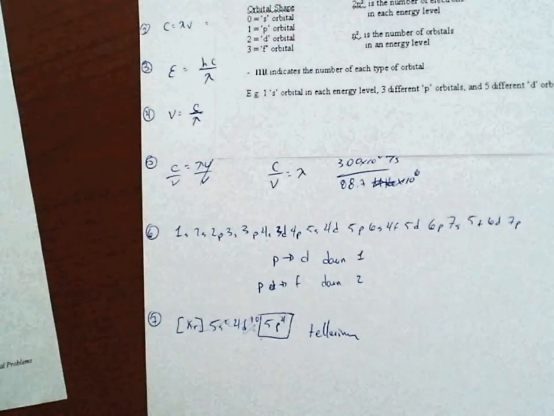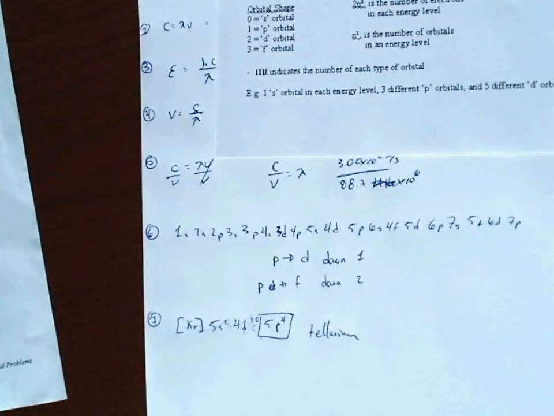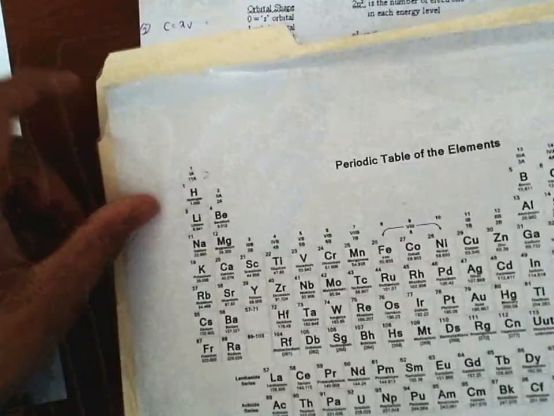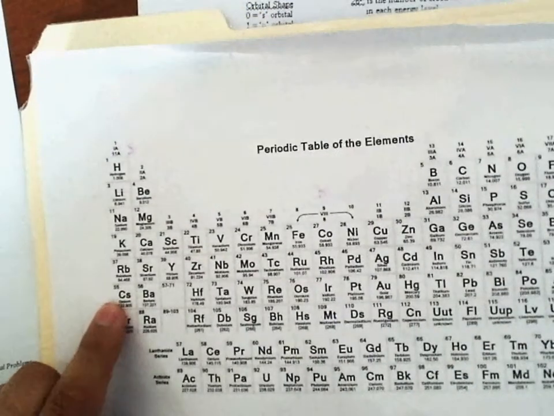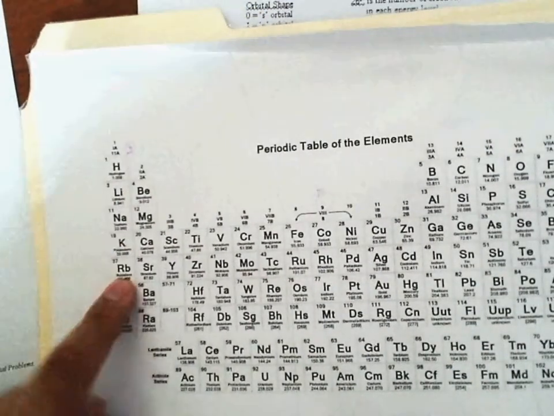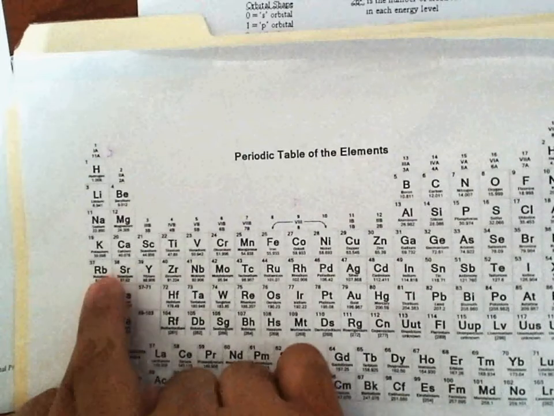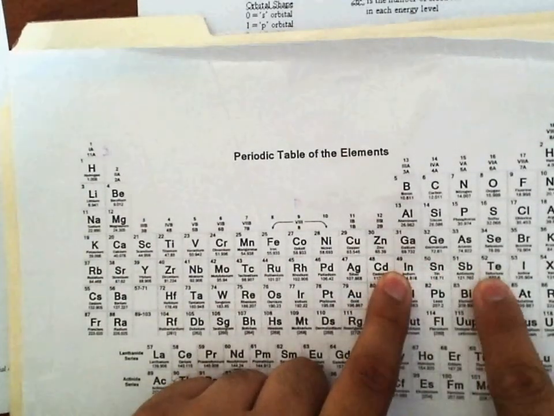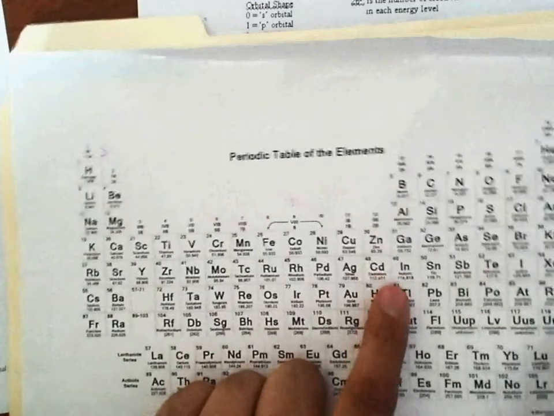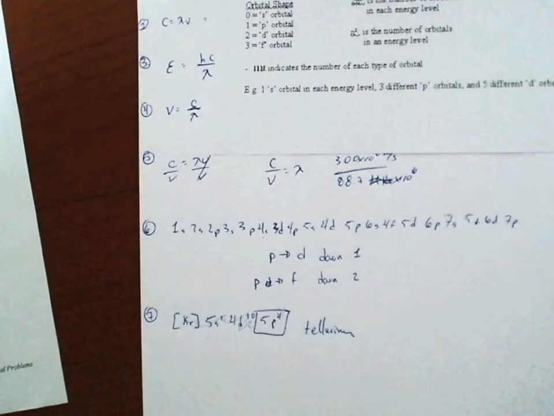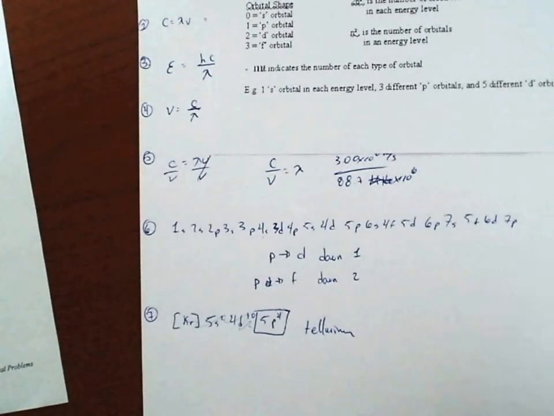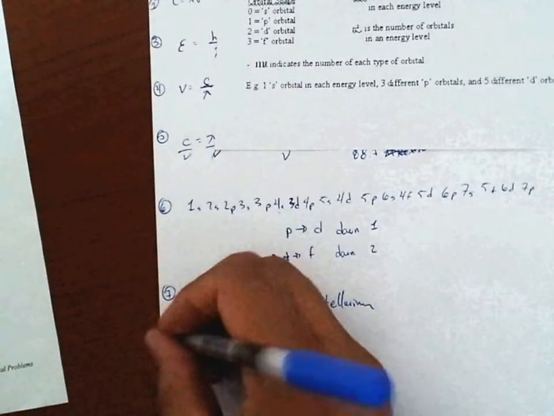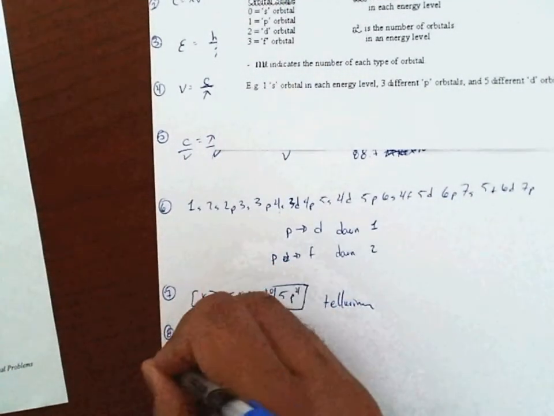So what does this mean? Someone took my table. All right, so let's look. We're going to go 1, 2, 3, 4, 5. I'm going to go to the p. I'm going to go 1, 2, 3, 4. The 4th element is tellurium. That's how I do that. You can do that for 8. Now I'm going to skip 8.